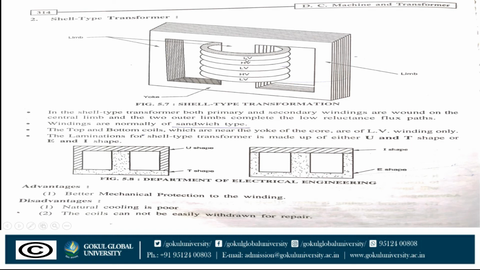First of all we have to remove the LV winding, then we have to remove the HV winding. And in core type transformer, primary winding and secondary winding are both on different limbs. That's why if the fault occurs on secondary winding, then we have to replace only the secondary winding. In that view, the coil cannot be easily withdrawn for repair.